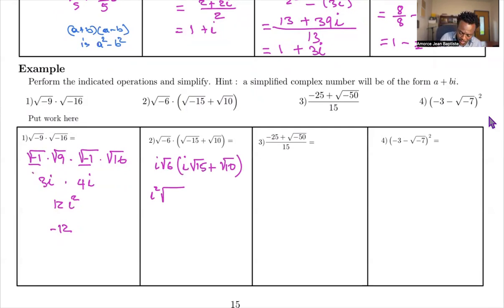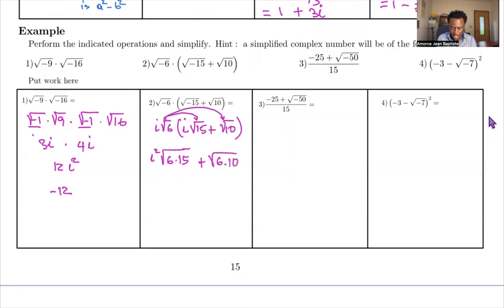Well, let me write it as 6 times 15 here, because we may be able to simplify. And then plus, we distribute this. That is the square root of 6 times 10.